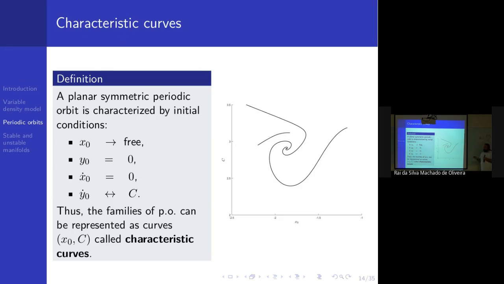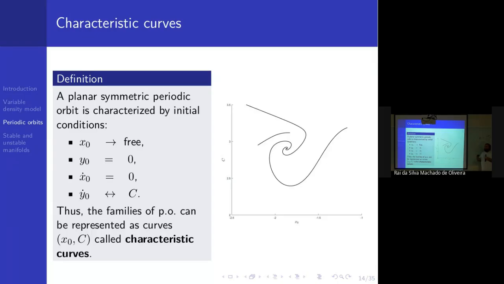So a family of periodic orbits can be represented as their initial conditions in the x0 and C plane. And these are called characteristic curves. So for example, this curve here is the representation of the initial conditions of a family of periodic orbits.